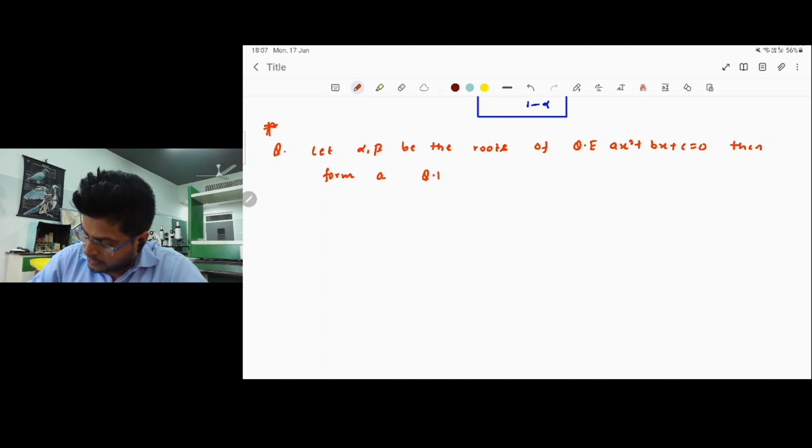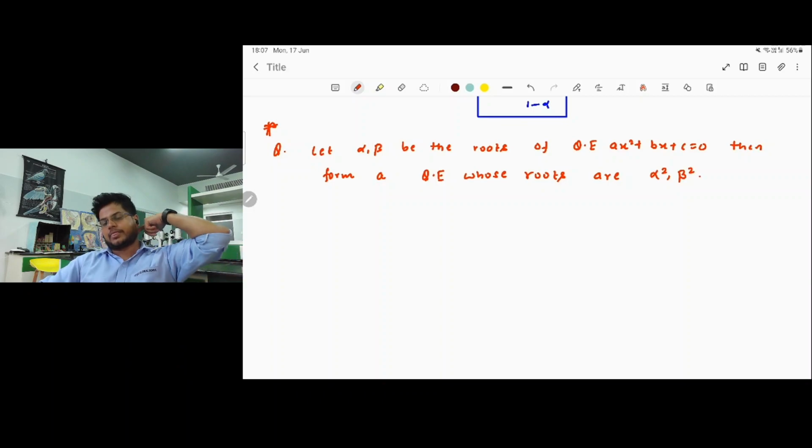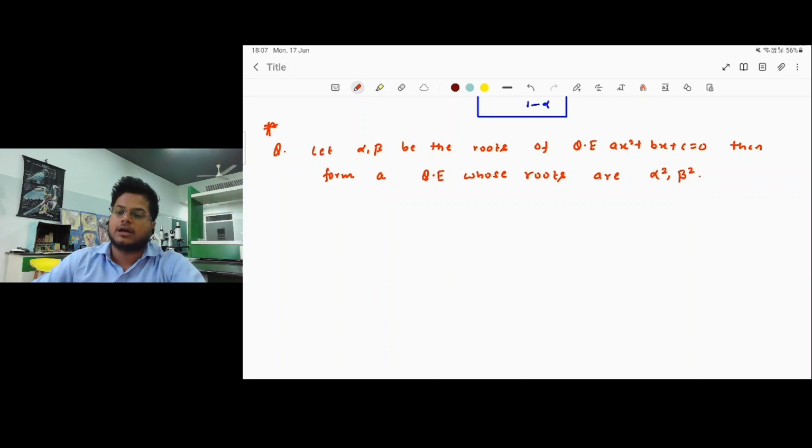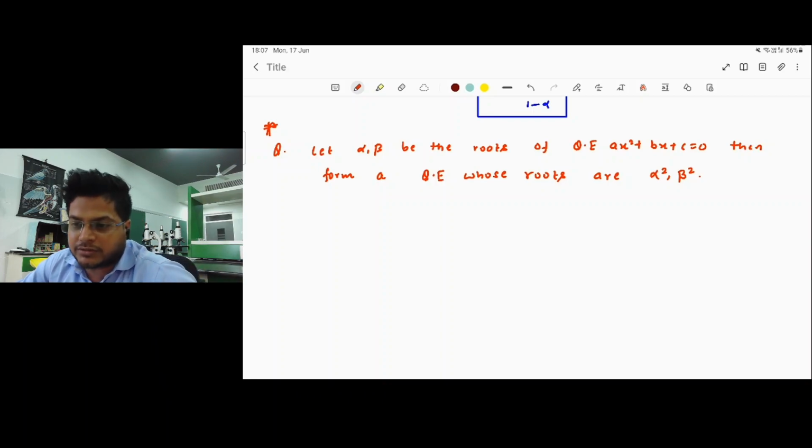Form a quadratic equation whose roots are alpha square comma beta square. Let alpha beta be the roots of this, then form a quadratic equation whose roots are alpha square comma beta square. So how are you going to approach this question?